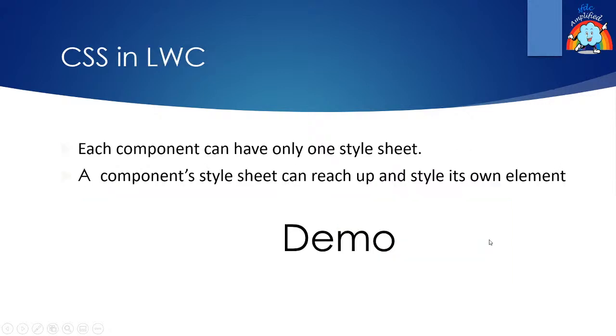So it should be the same as our lightning component. So this is the demo we have done. Basically each component has only one style sheet. Only one CSS file can be created for each Lightning web component.